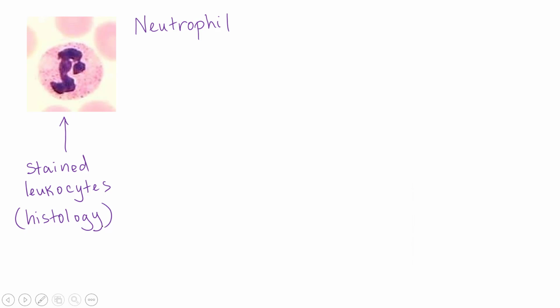So we want to be aware of how we would differentiate various leukocytes if seen in a histological stain. So this is actually showing us a neutrophil in what we would call a blood smear.